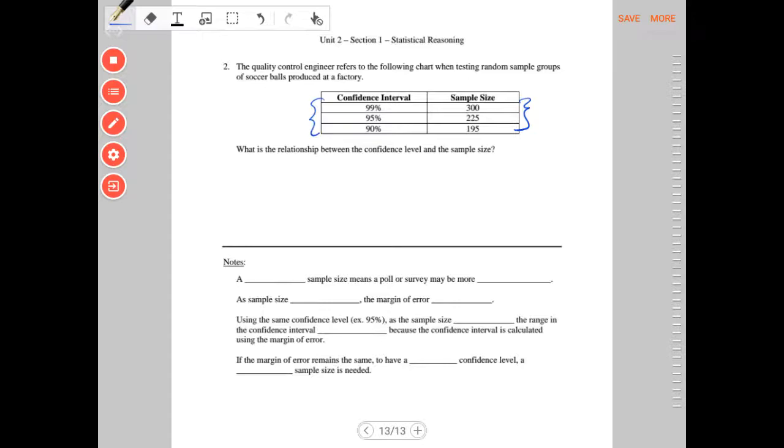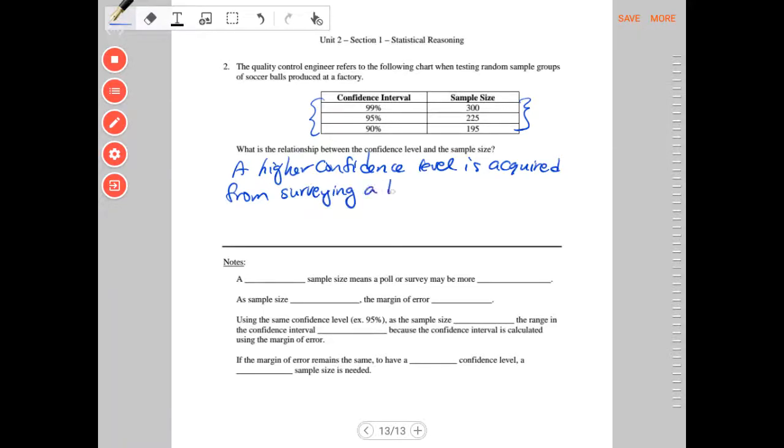So basically the relationship then is a higher confidence level, I keep saying interval, I mean level, is acquired from surveying a larger sample size.